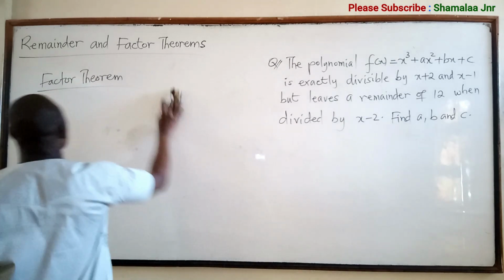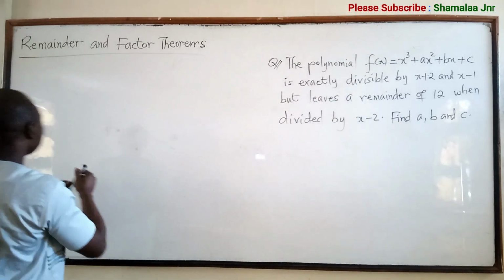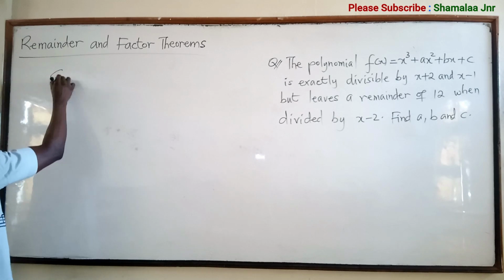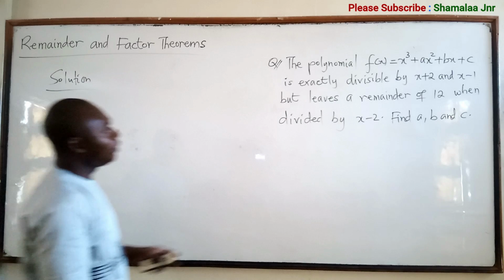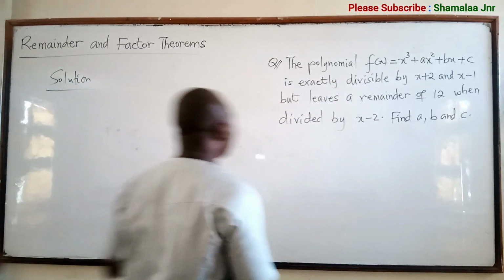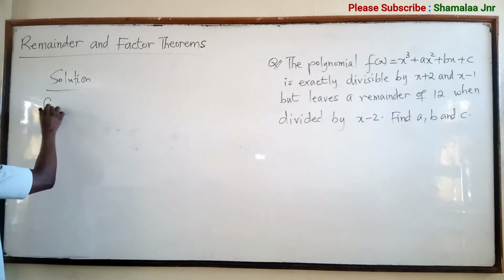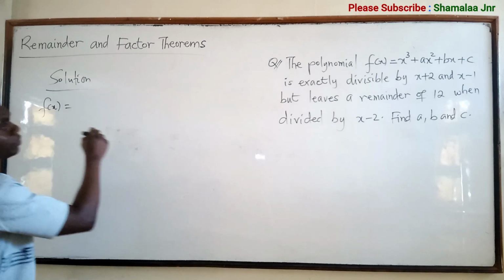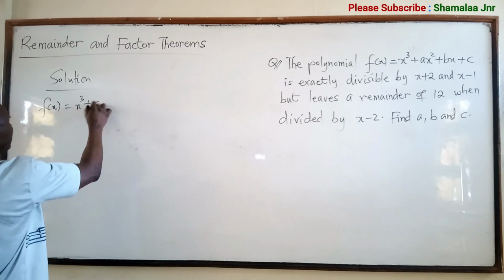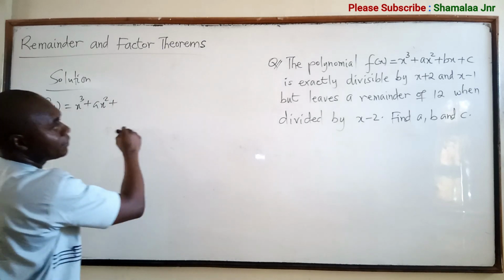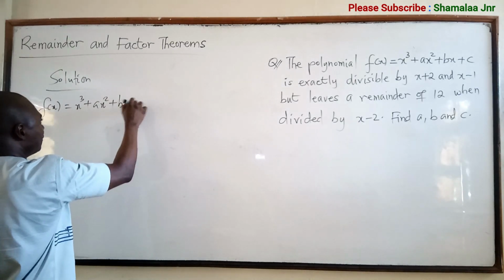Okay, so let's look at it. Solution. They have been given this polynomial f of x, which is equal to x cubed plus ax squared plus bx plus c.